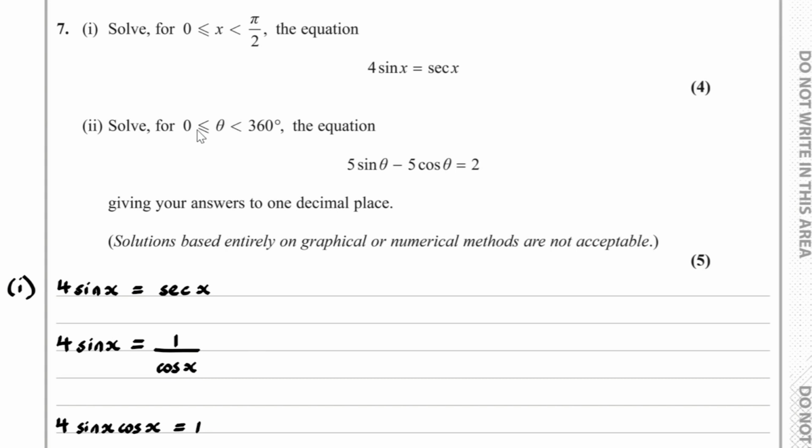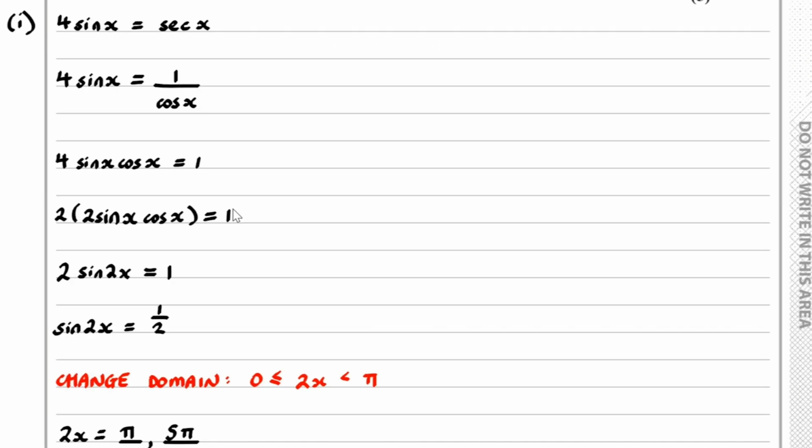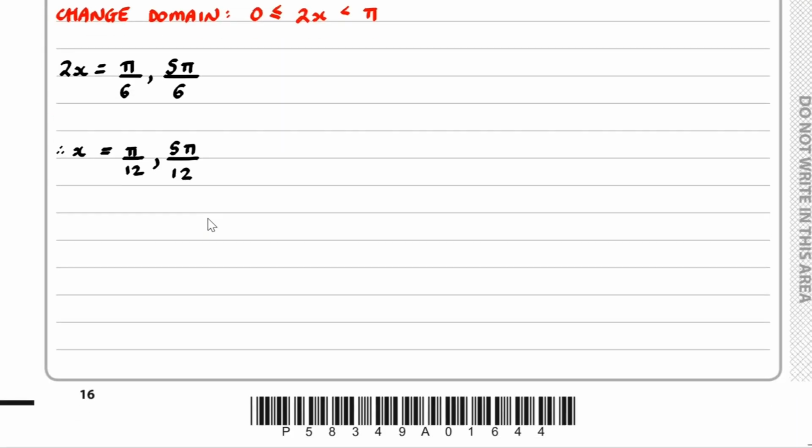Next, we have to solve for theta being in between 0 and 360, the equation 5 sin theta minus 5 cos theta equals 2, giving the answer to 1 decimal place. So, for the next part, we begin with 5 sin theta subtract 5 cos theta equaling 2.